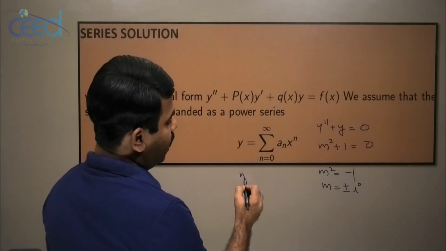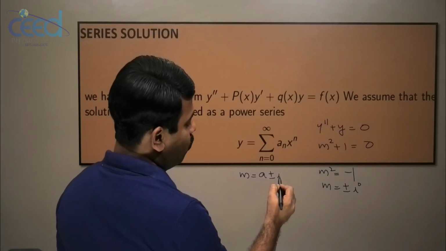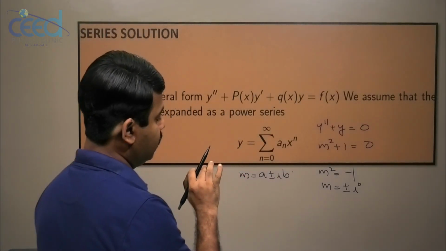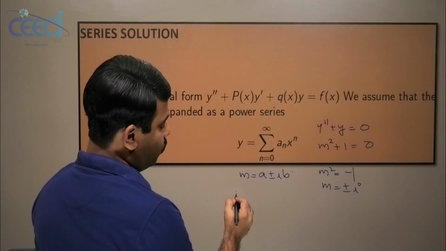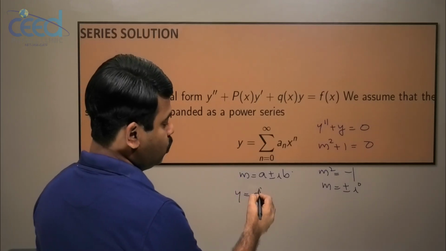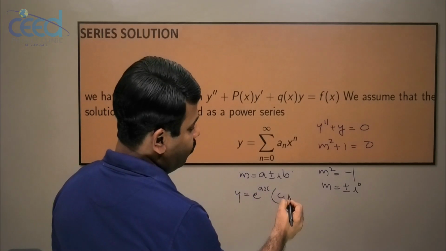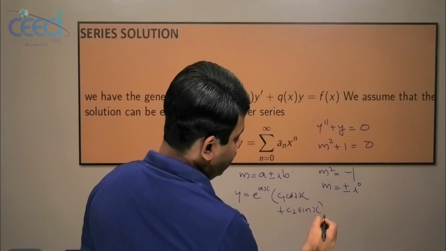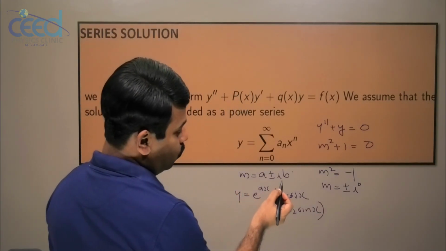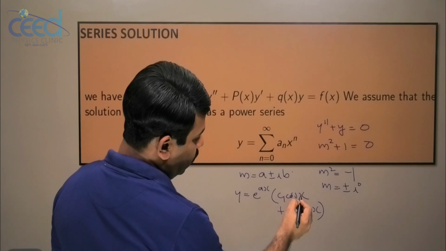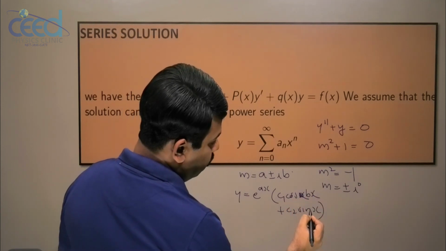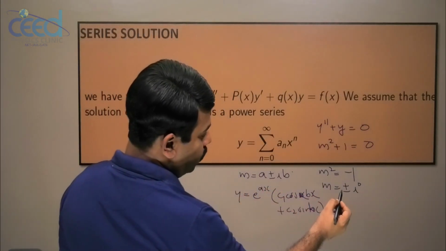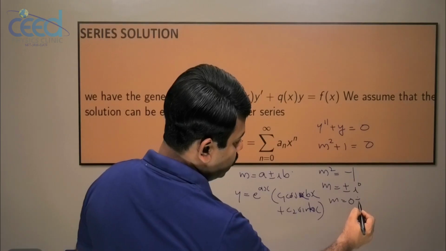If our auxiliary equation solution is in the a plus or minus ib format, the solution of the differential equation we studied is e raised to ax into c1 cos bx plus c2 sin bx, right? Now for the particular solution, m we got is 0 plus or minus i.